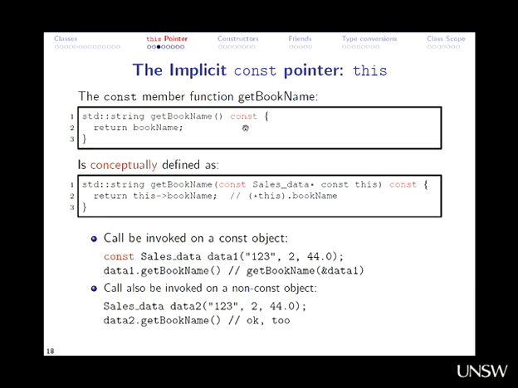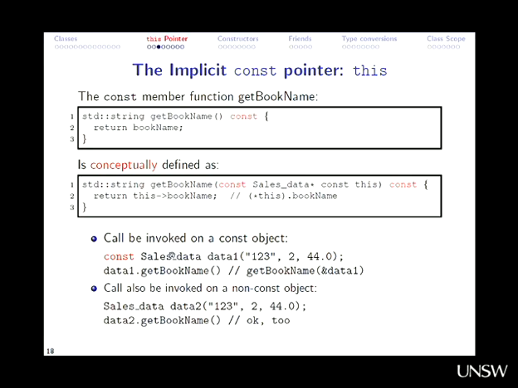Again, we can have a const member function like this. Get book name is const. It doesn't modify the internal state of the class. Again, it's conceptually defined as having a const reference passed into it. Now this can be invoked on a const object.